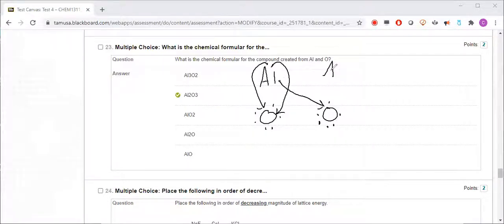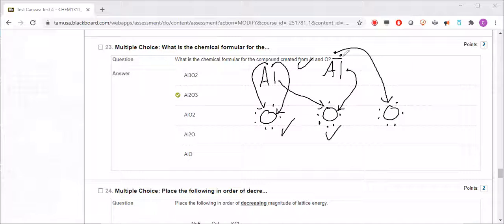That aluminum's good, but that oxygen isn't. So now that oxygen is good, but aluminum still has 2. I need to get rid of those. So bring in another oxygen. Now everything's good. That's Al2O3.